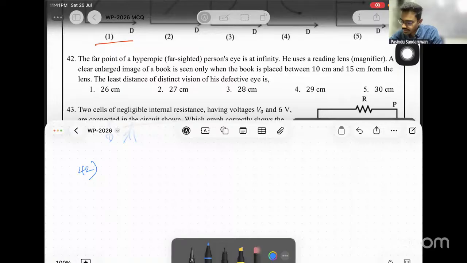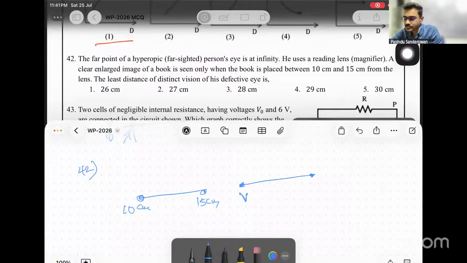Okay. Then if the book is kept between 10 centimeters and 15 centimeters, it is seen. Now in such cases, for the present vision of this defective person, this range is rescaled, or re-imaged. We don't know the closest point that is visible to the person.